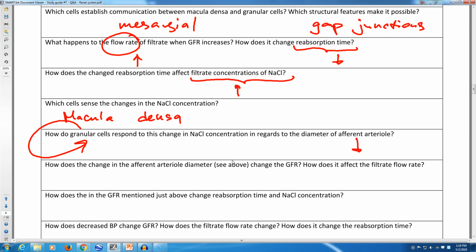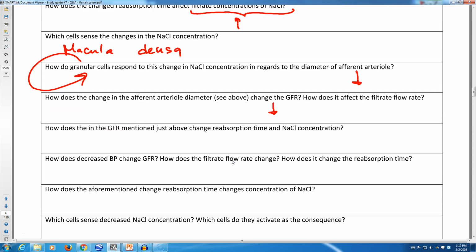Afferent arteriole constricts. That decreases GFR, decreases the filtrate flow rate, increases reabsorption time, decreases sodium chloride concentration.